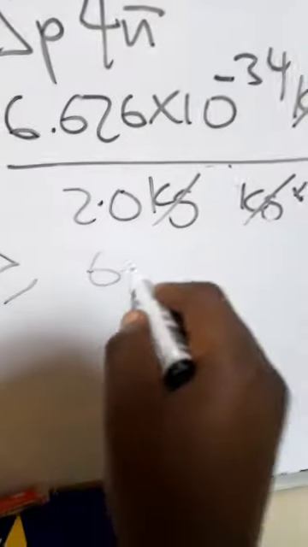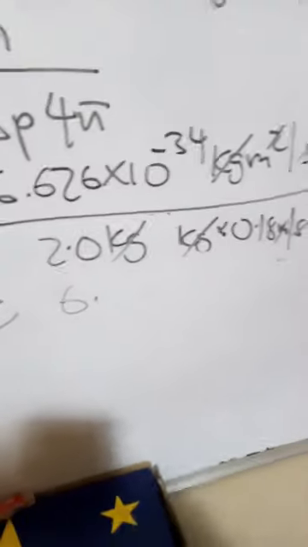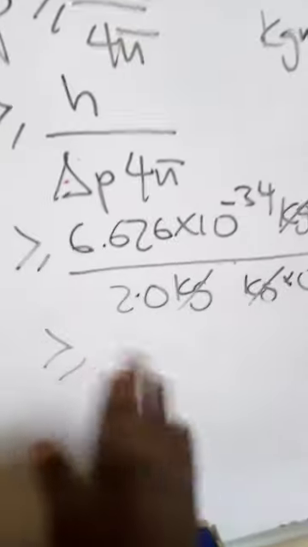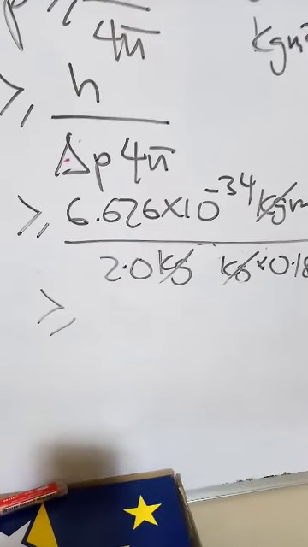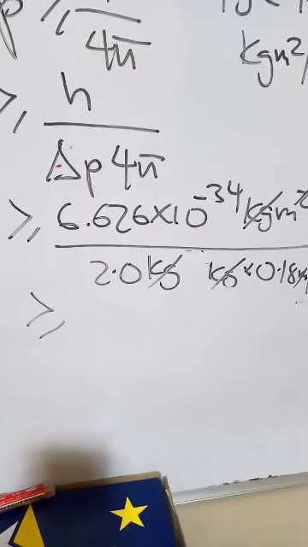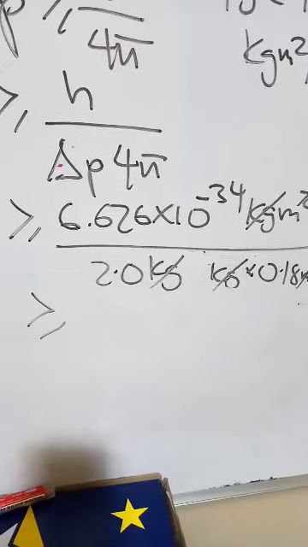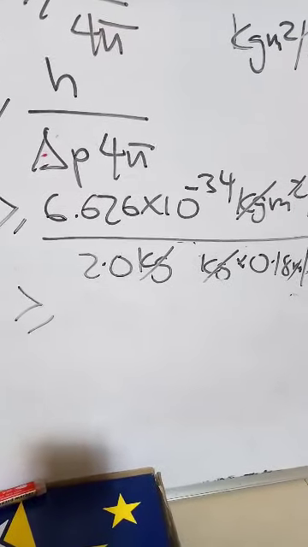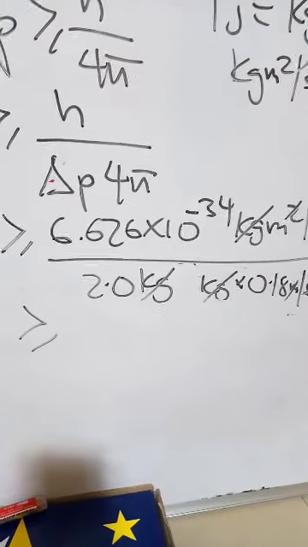So we have 6.626 times 10 to the power negative 34. Then we divide it by 4.52.